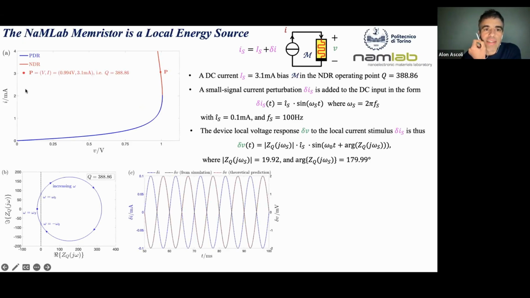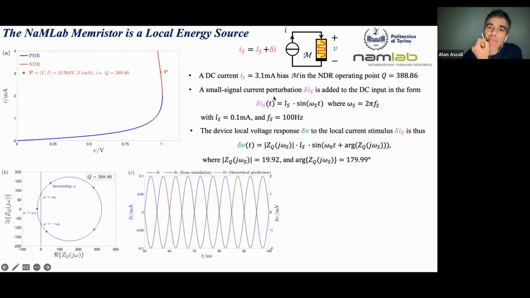So as you can see, this is the DC characteristic of the memristor on plot A. If we insert a bias current, and we bias the device in a point P where the slope is negative, okay? Negative slope means that the device has a negative differential resistance. So then we can exploit the local activity of the device. The device can actually generate local energy, an infinitesimal quantum of energy.